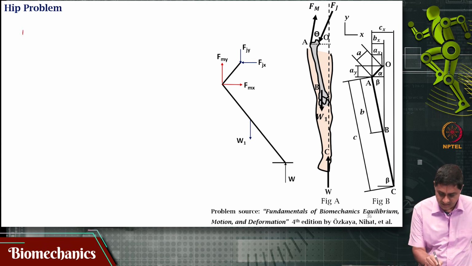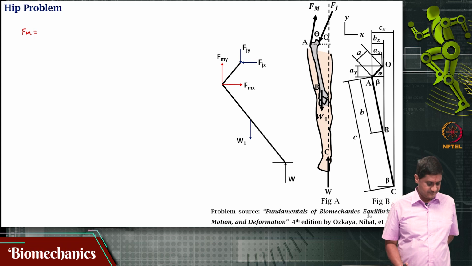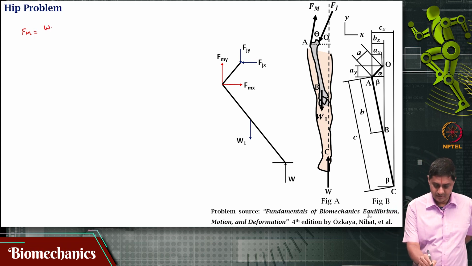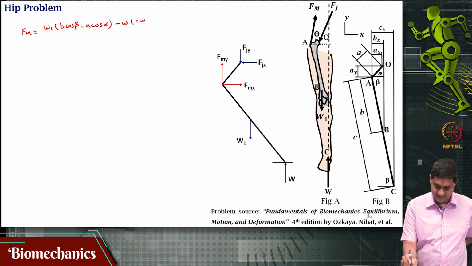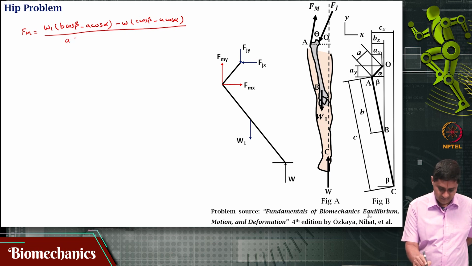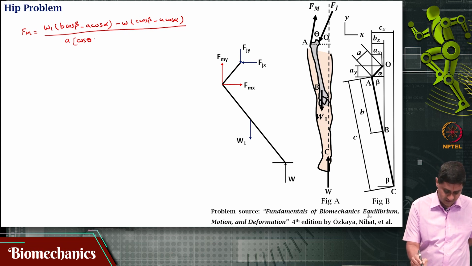That would be W1 times B cos beta minus A cos alpha, minus W times C cos beta minus A cos alpha, the whole thing divided by A times cos alpha, cos theta sin alpha minus cos alpha sin theta.